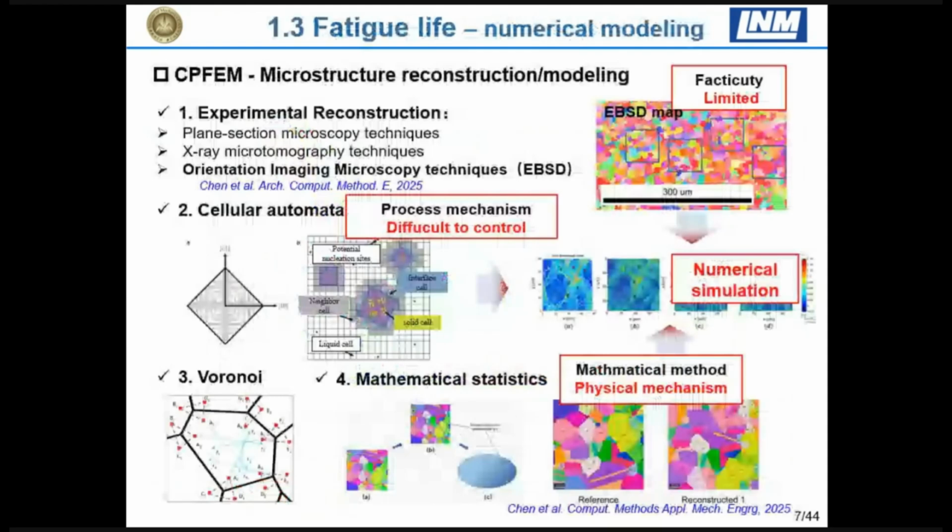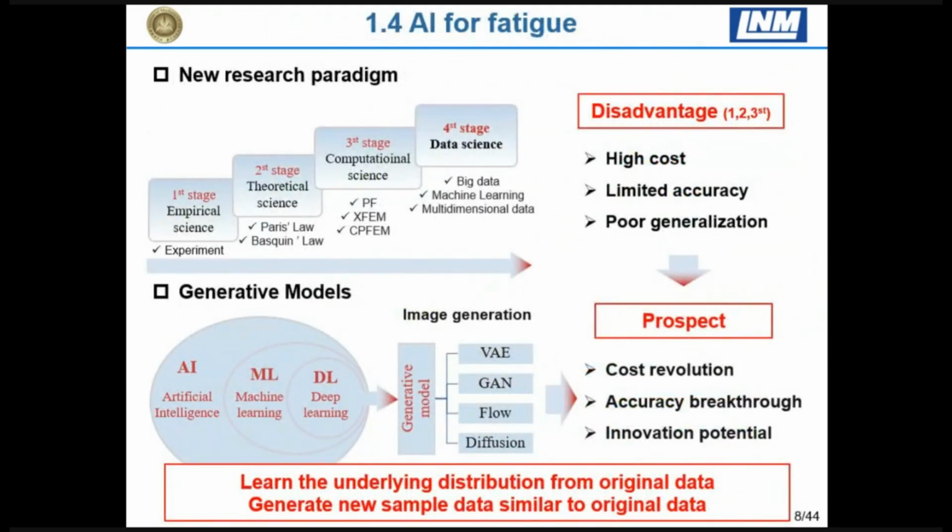Of course, there are also other methods like the crystal plasticity method and the phase field method, and you can see the microstructure, but still it's not enough. We have to develop a framework which can predict lifetime accurately, precisely, and also fast. So here we try to link the machine learning method together with the crystal plasticity method.